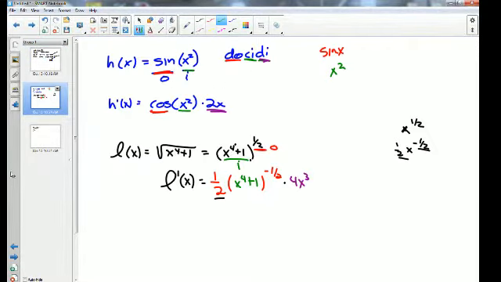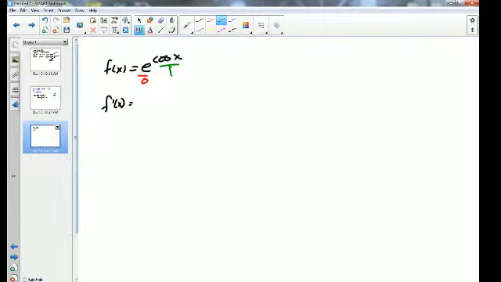What about here? Which one has to be done first? The sine, right? The sine operates on this. That's why it's the outside. Here, the 1/2 rules the day. Here, the E rules the day.